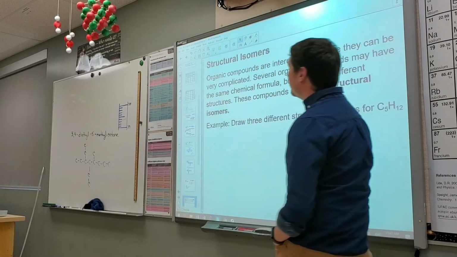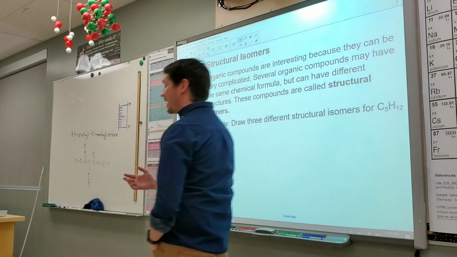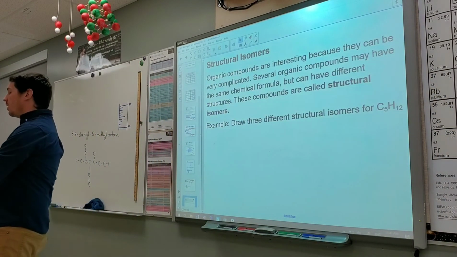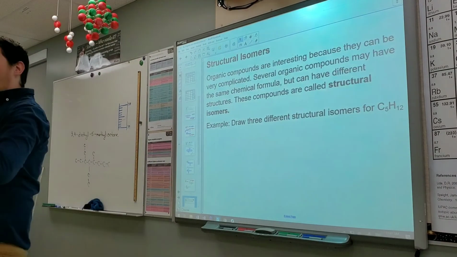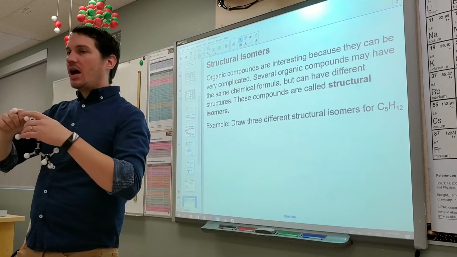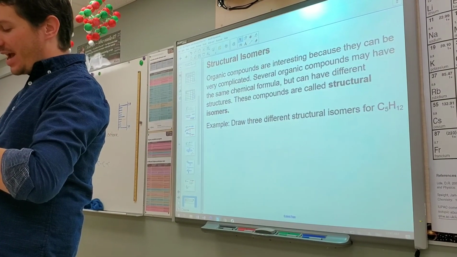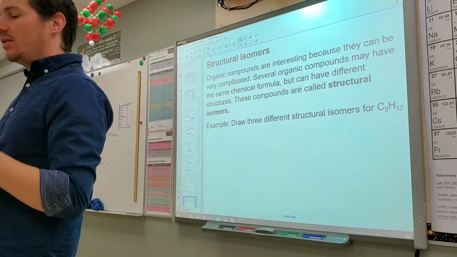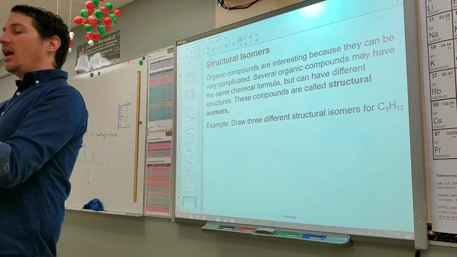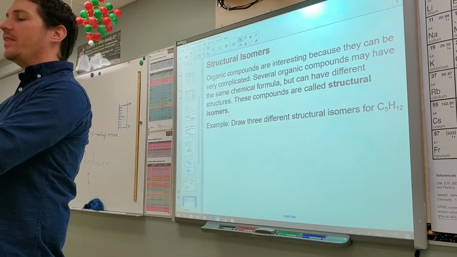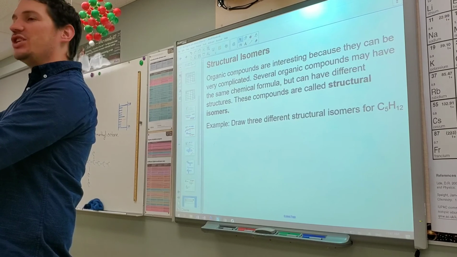I want to talk about structural isomers. Do you remember yesterday how I took hexane and I popped the end off of the hexane and then I added it as a branch somewhere else? So did the chemical formula between hexane and the 3-methyl pentane change?